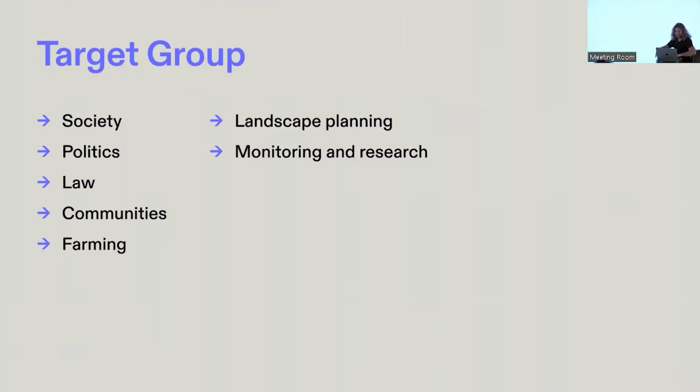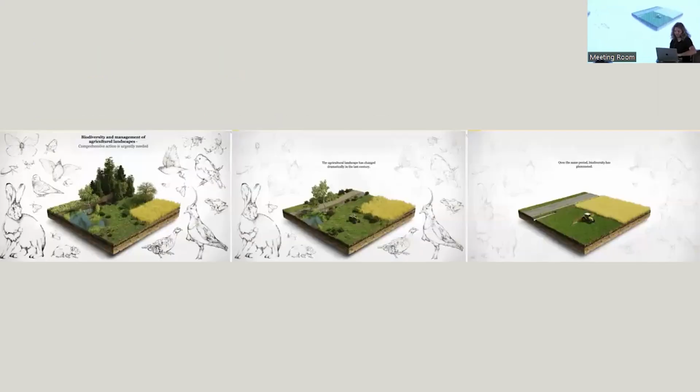We asked ourselves how we could make the causes of the decline in biodiversity more comprehensible in just one presentation, to get attention from everyone, that is easy to understand and where you don't have to read through 80 pages.